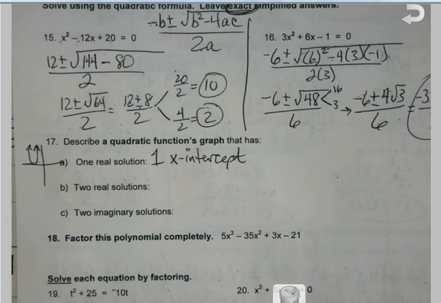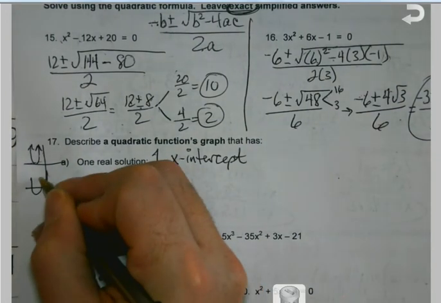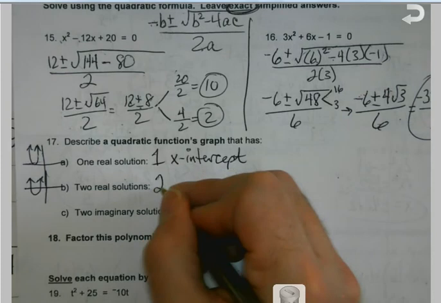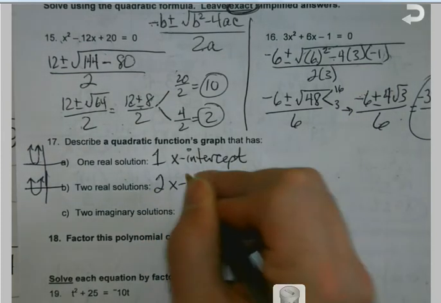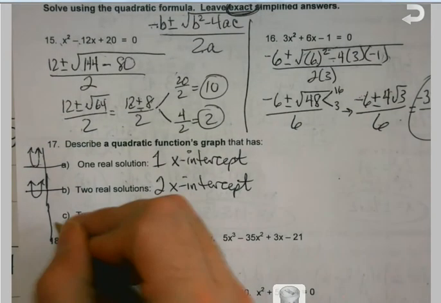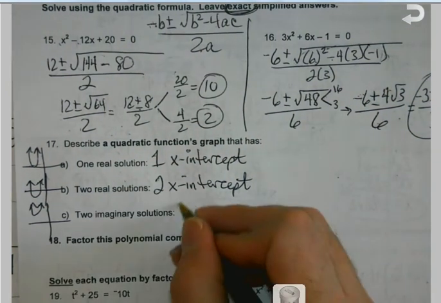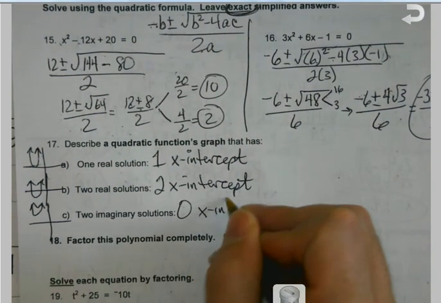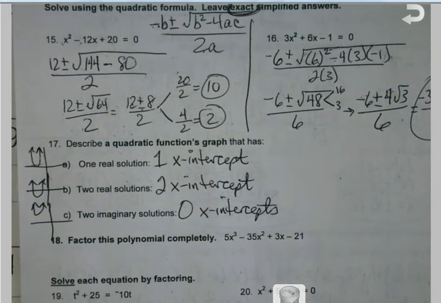If it has 2 real solutions, it just means it's going to have 2 x-intercepts. It'll cross that x-axis in 2 distinct places. And if it's two imaginary, my parabola is never going to cross the x-axis. So I would have no x-intercepts.